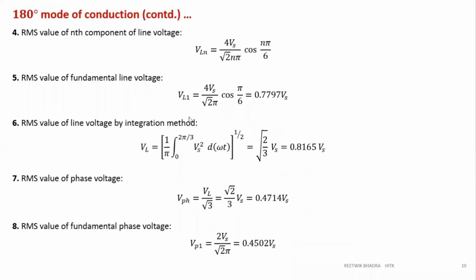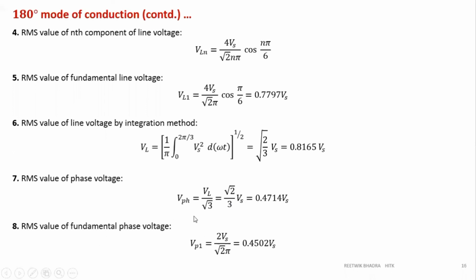Pi by 3 is 60, 60 into 2 is 120, so from 0 to 120 degrees, 1 by pi Vs squared d omega t gives you root 2 by 3 Vs as the RMS value of line voltage. We have taken a star connected load, VL equal to root 3 VPH, so VPH is equal to VL by root 3. That is root 2 by 3 Vs divided by root 3, which gives you root 2 by 3 Vs, that is 0.4714 Vs.